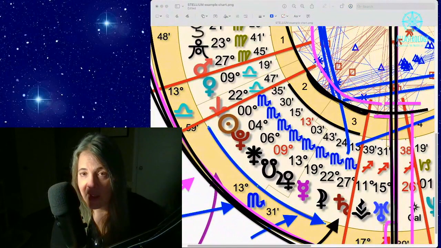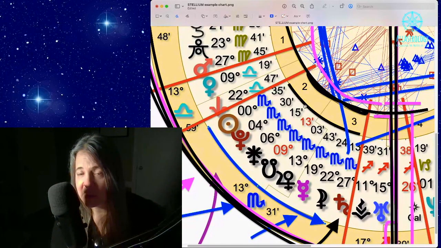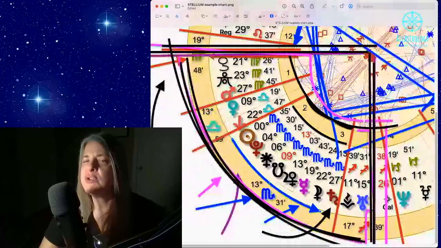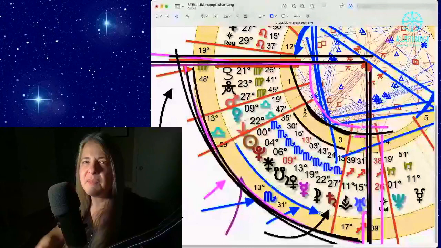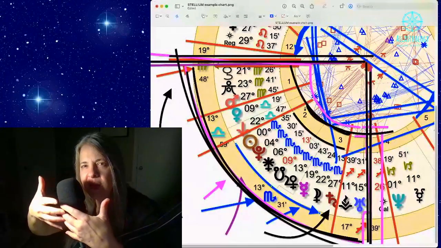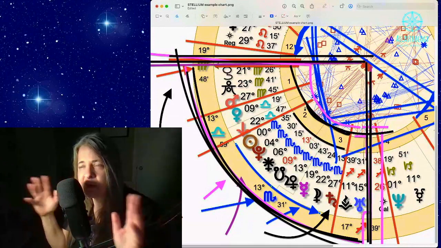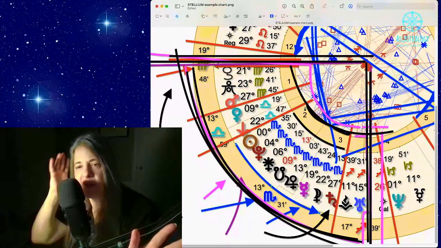So I hope that explains a lot. I hope it gives some clarity on stelliums and why the planets do matter. When they all get together like that, it can be like, holy crap, it's a cluster F, right? You know what I'm talking about.